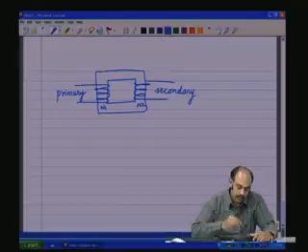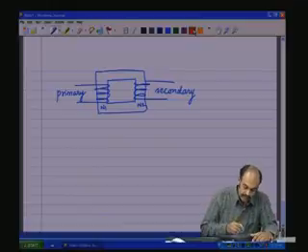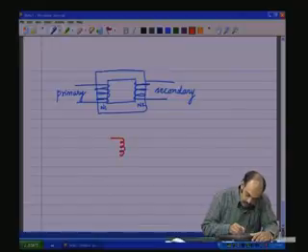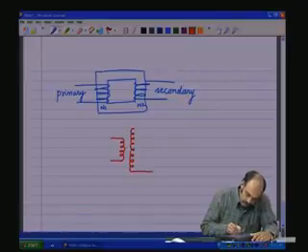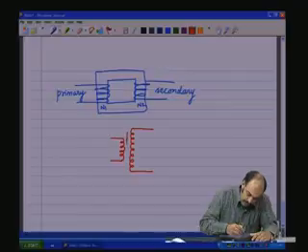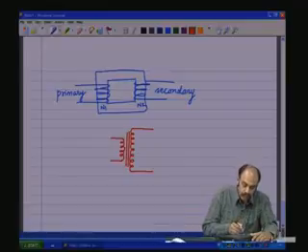Now, we shall represent this as an electrical symbol. We have an electrical symbol associated with this, which will be used in all the circuit diagrams. It is written in this form. There are two coils like that, and then there are two parallel lines drawn in between to show that these two are coupled with a core in between.